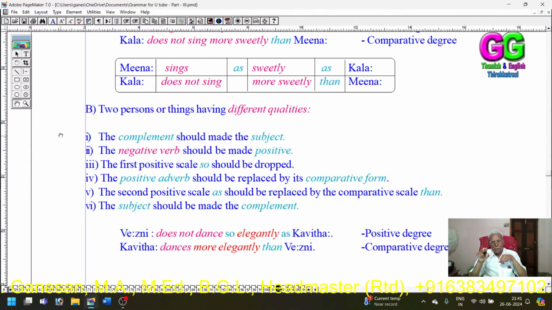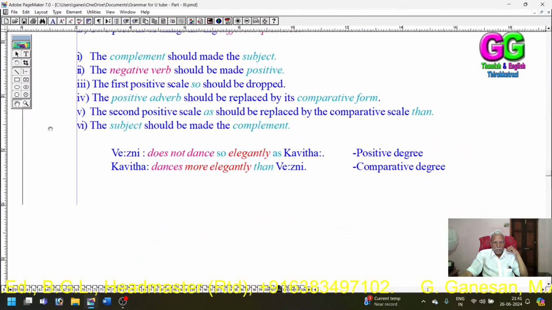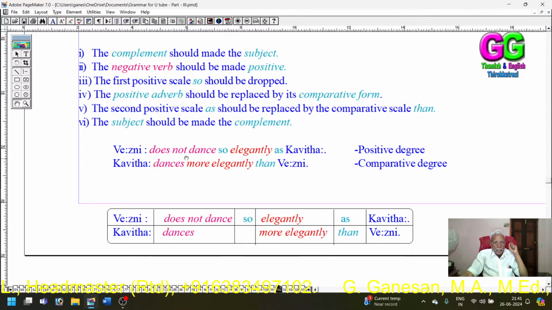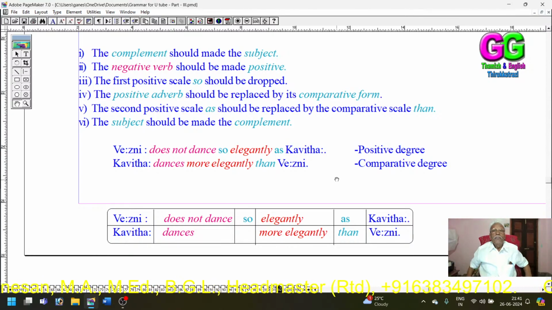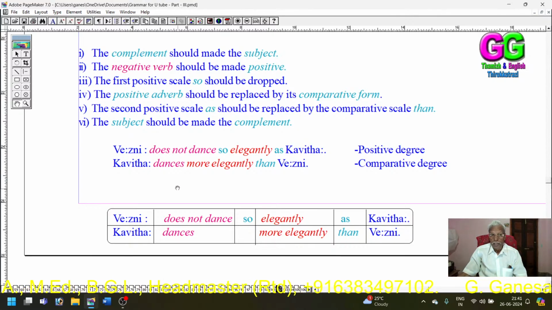See, Veni does not dance so elegantly as Kavita. That is, Kavita dances more elegantly than Veni.